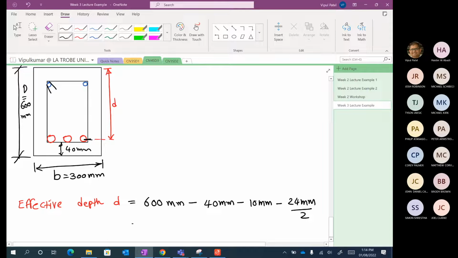So in that case, if you use a calculator, you would get 538 millimeters. So that's the effective depth that we're going to use in our example all the time.